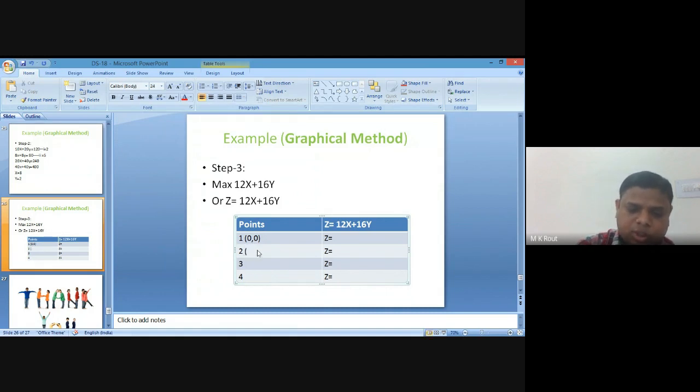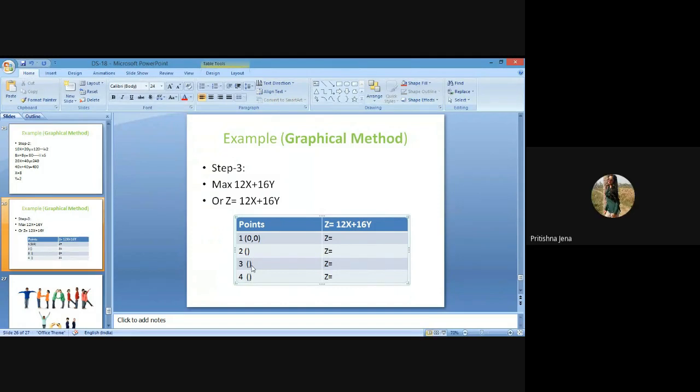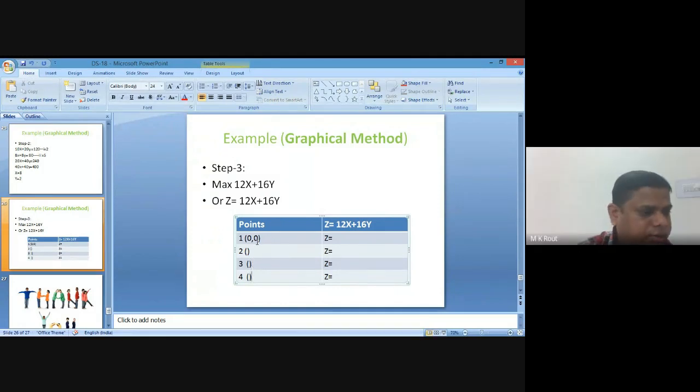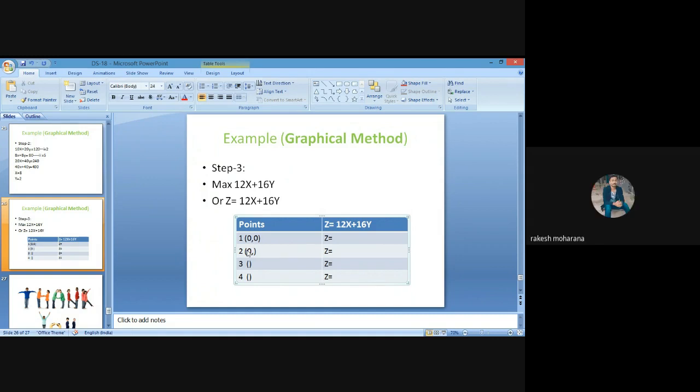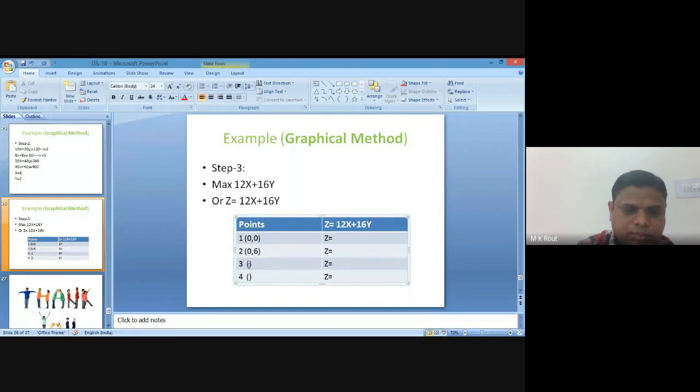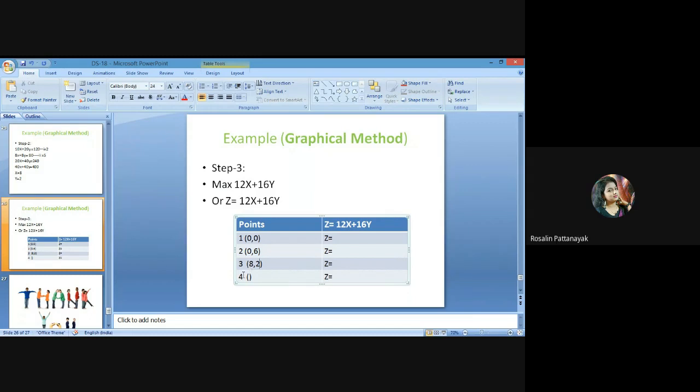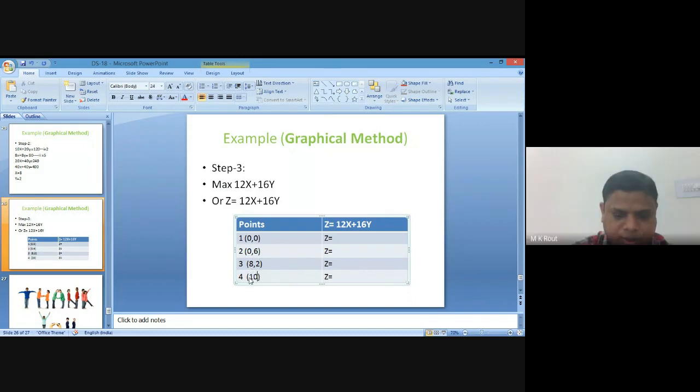Which point should you take to go for the maximization of the optimal solution? First, (0, 6). Next, (8, 2). Next, (10, 0). And (0, 0).